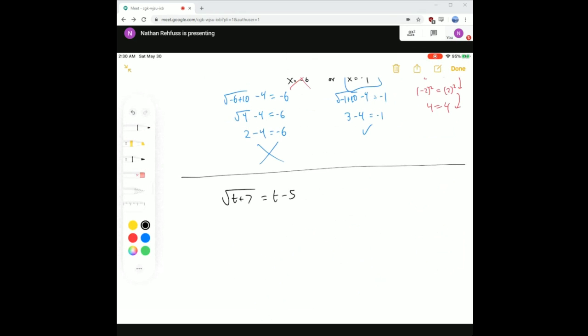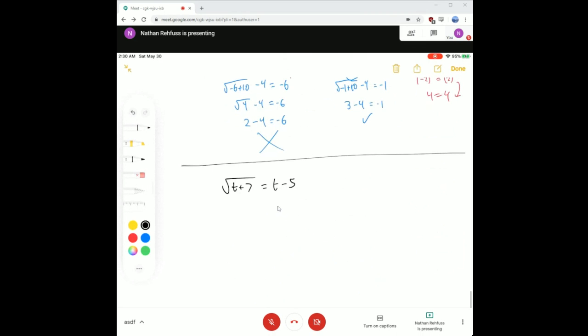Let's solve this equation next. Nice thing is, the radical is already by itself. So the way I interpret it is I say, well, this thing is the square root of that thing. Let me square both sides and see what happens.